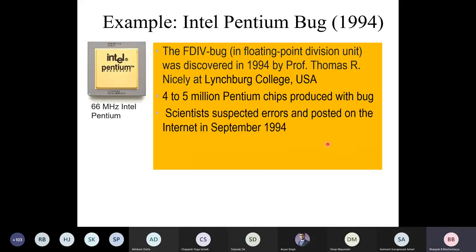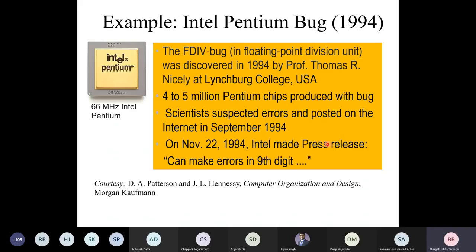As a result, scientists posted many errors on the internet during September 1994, and on November 22, 1994, Intel made a press release.